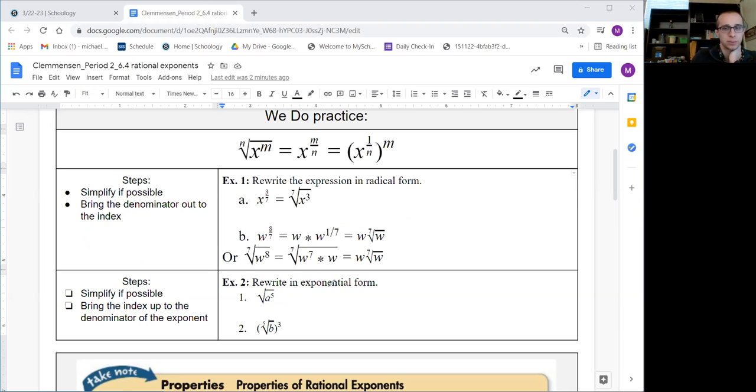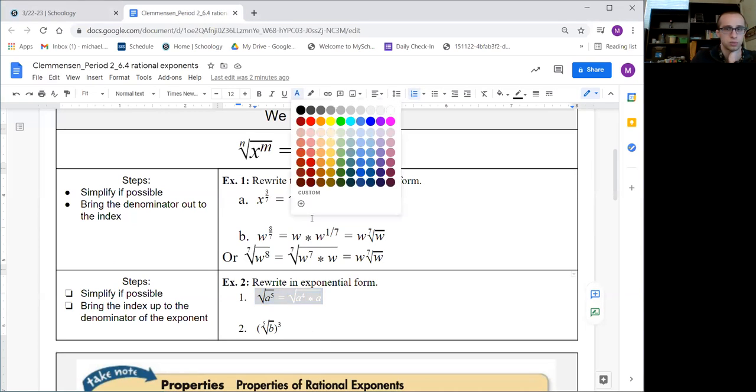Rewrite in exponential form, which means that I'm going to rewrite it in this form right here, m over n. All right. So first thing I can do is I could simplify right away, just like we did up here. You can simplify first.